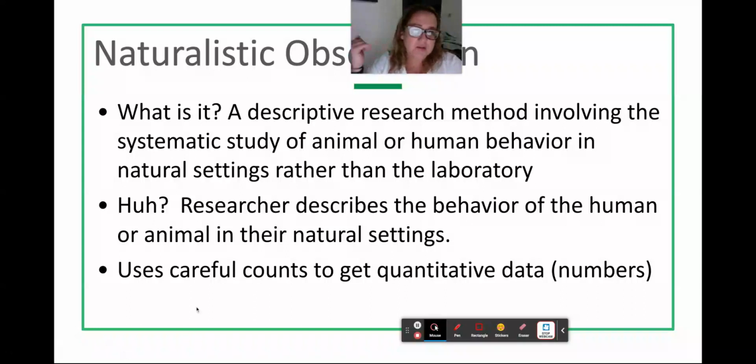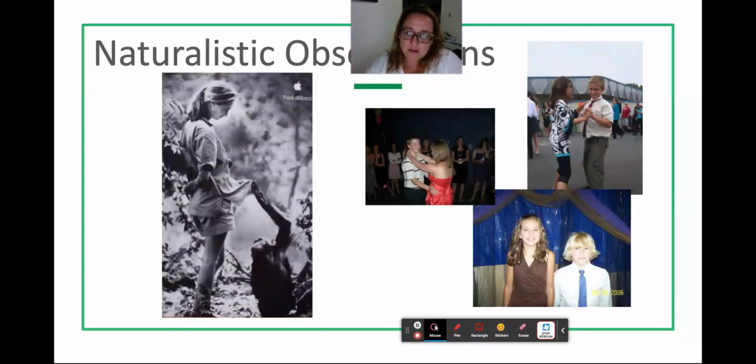This is great because you really do see how a person is going to act in a natural environment. People who study animals do a lot of naturalistic observation to see the animals in their natural habitat, like that famous chimpanzee researcher, I forgot her name.